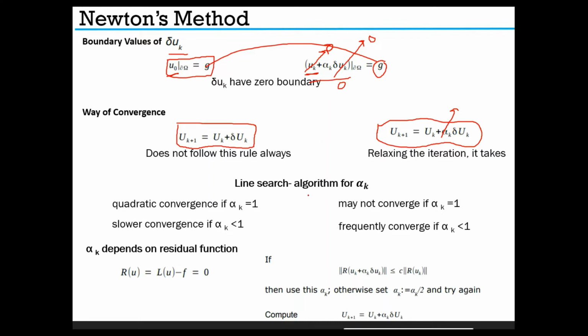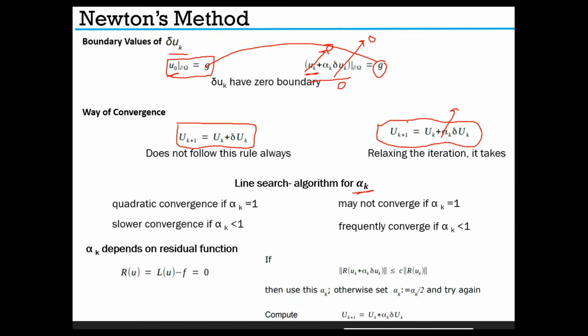Well, the algorithm for alpha k depends on a value from 0 to 1. If it is equal to 1, then it might be quadratic convergence, and if it is less than 1, then it will go slow.